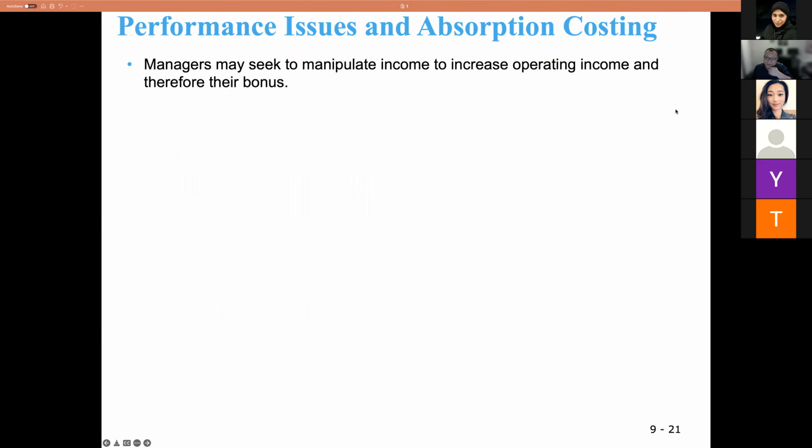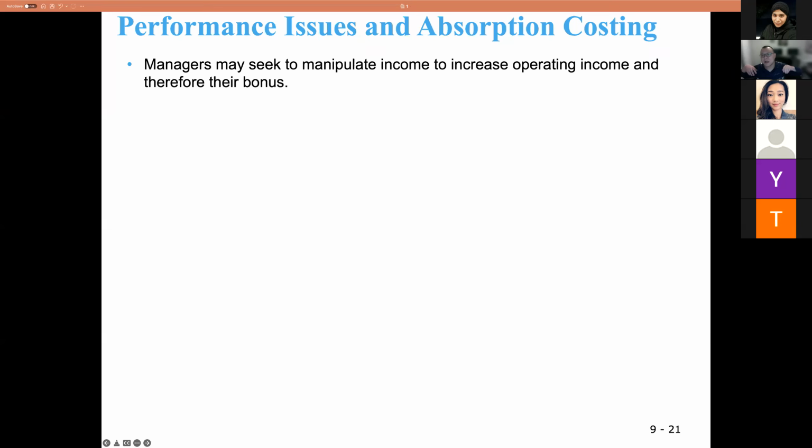Okay, so if you are a manager, your boss tells you that you get a bonus if the company achieves a certain level of income, maybe $1 million. If you are the store manager of Walmart, maybe the headquarters will have incentive plans for all the store managers.